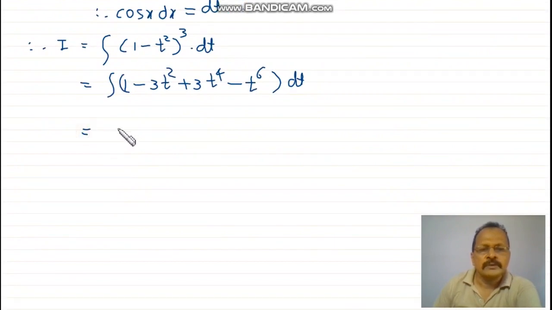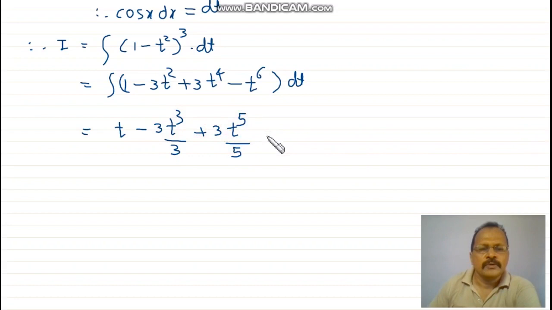Equal to t minus 3 t cube upon 3 plus 3 t raised to 5 upon 5 minus t raised to 7 upon 7 plus c, but t is equal to sin x.